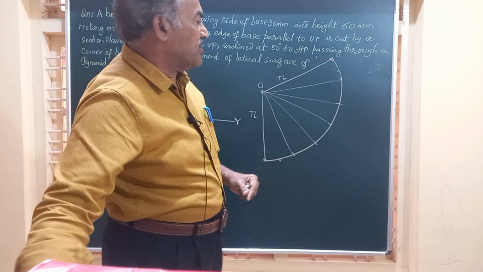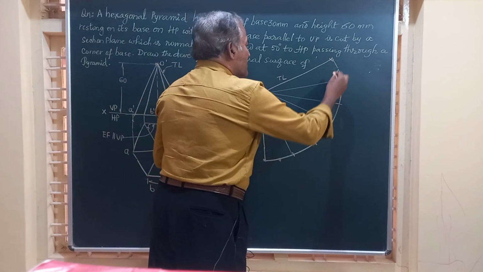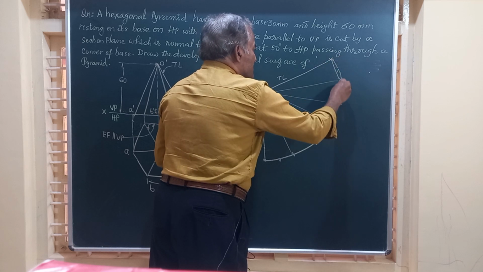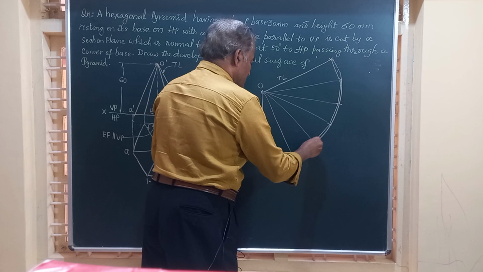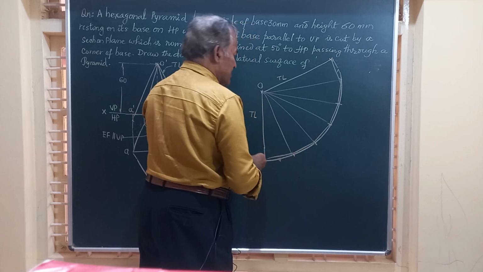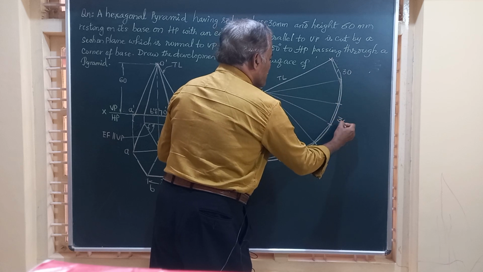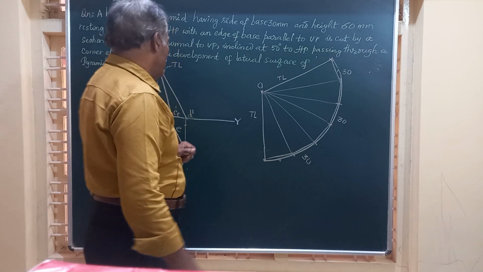There are 6 in number, and these are the 6 edges I have shown. The edges are always straight, so I am going to mark them by straight lines. All these measure 30 millimeter each. So let me show at 2, 3 places, 30, 30, 30, etc.